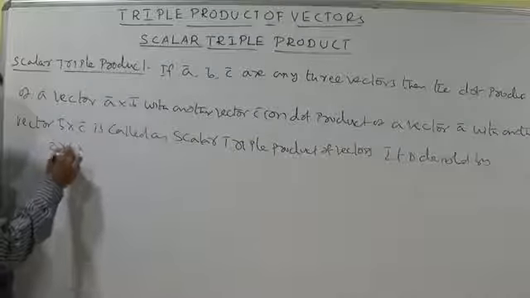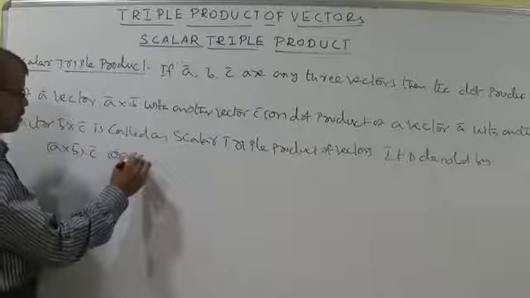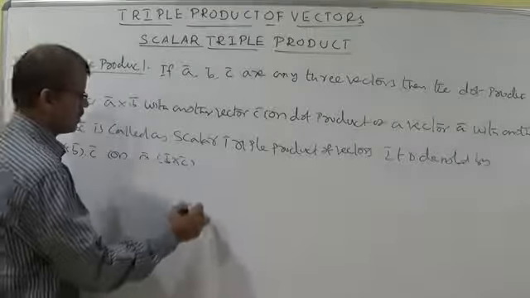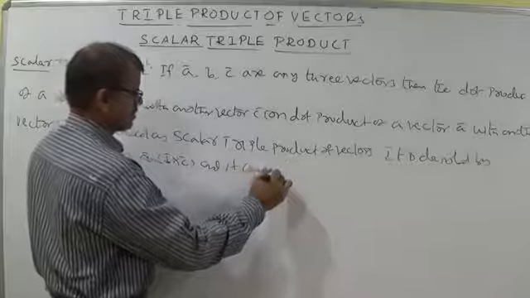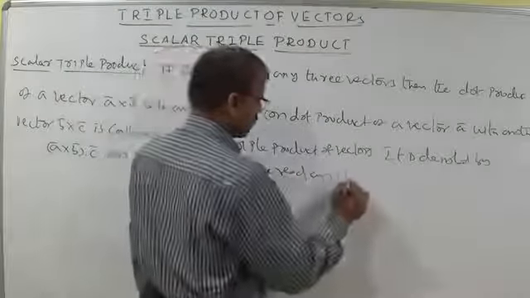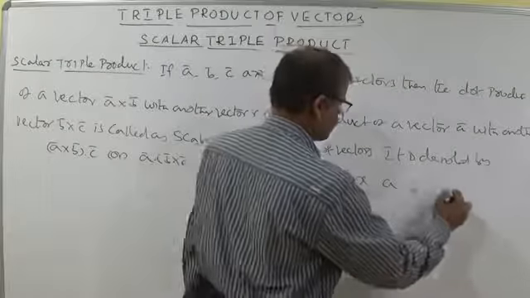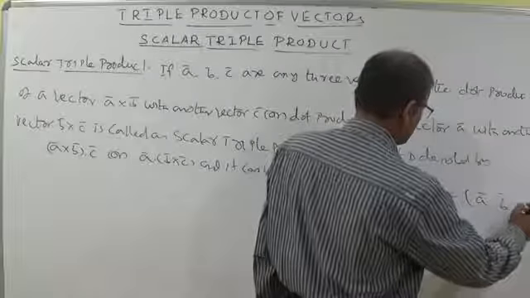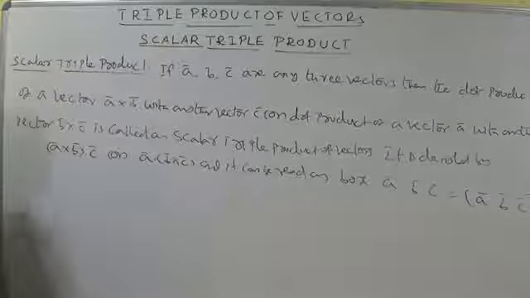According to first one, we can write A bar cross B bar dot C bar, or A bar dot B bar cross C bar, and it can be read as box ABC. Notation is like this. Box ABC is the scalar triple product of vectors.